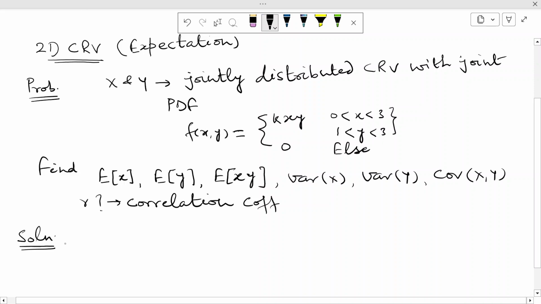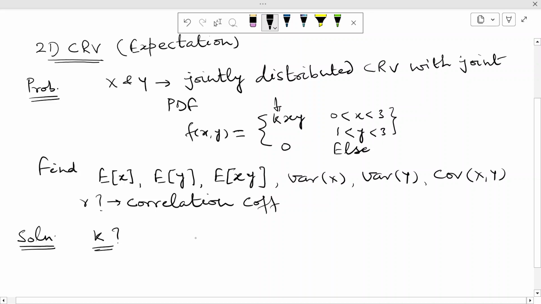Now if you look at this joint PDF, you can see that we have an unknown involved here, which is k. So first of all we have to determine the value of k. Our first step is to find the value of k.